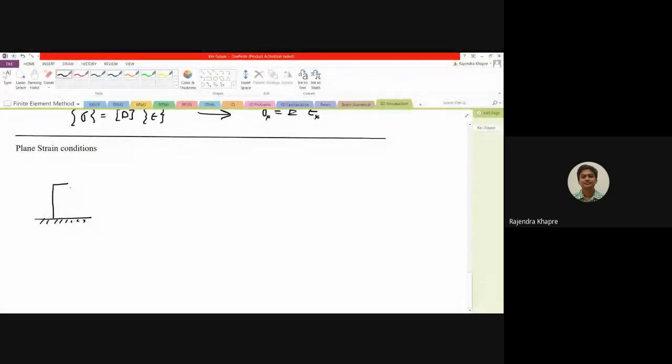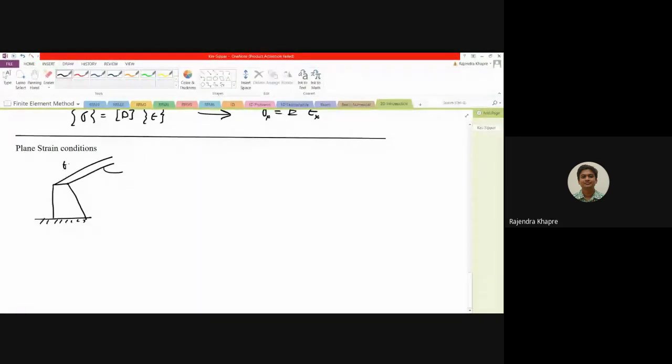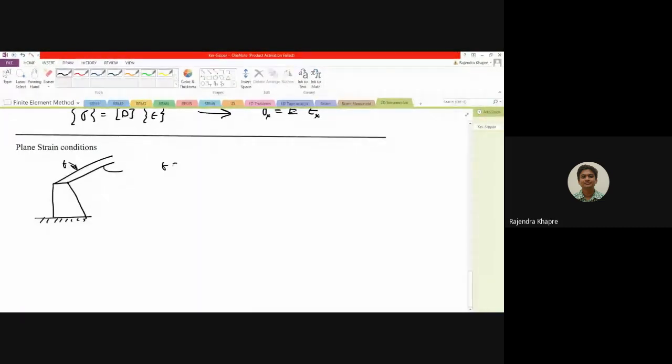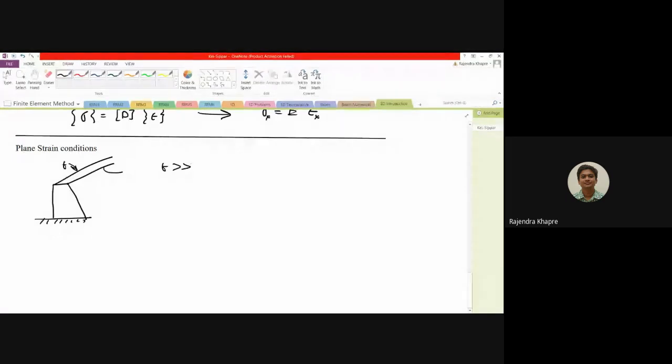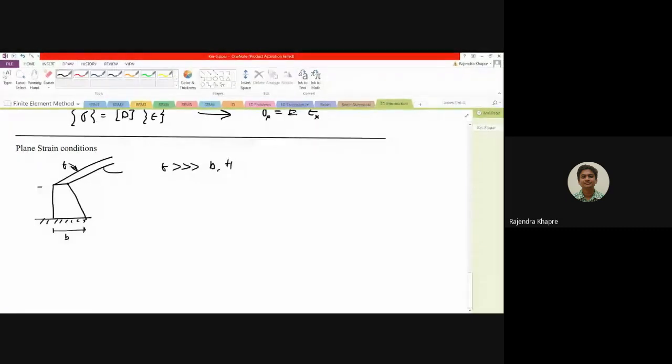This dimension is nothing but your thickness, and it is very, very large as compared to the other two dimensions, that is B and H. Let us assume this is B and this is H.